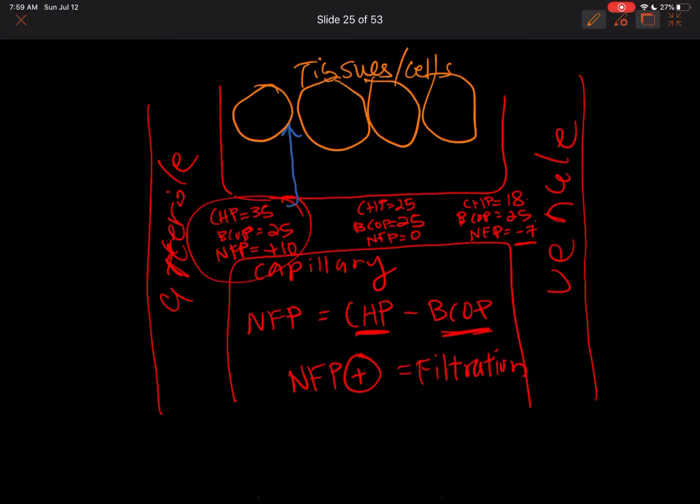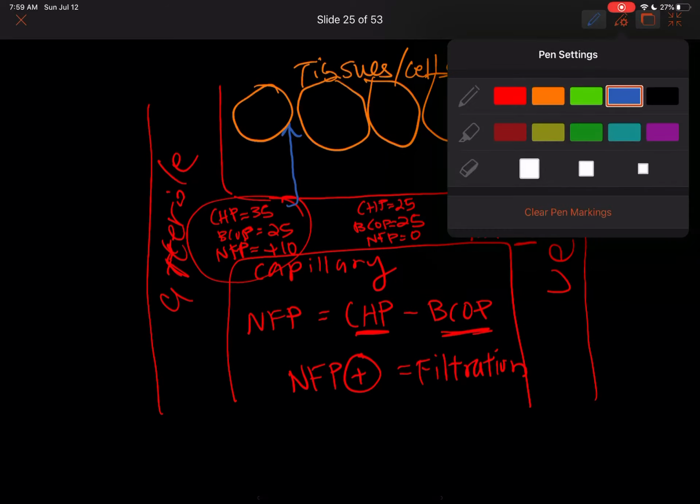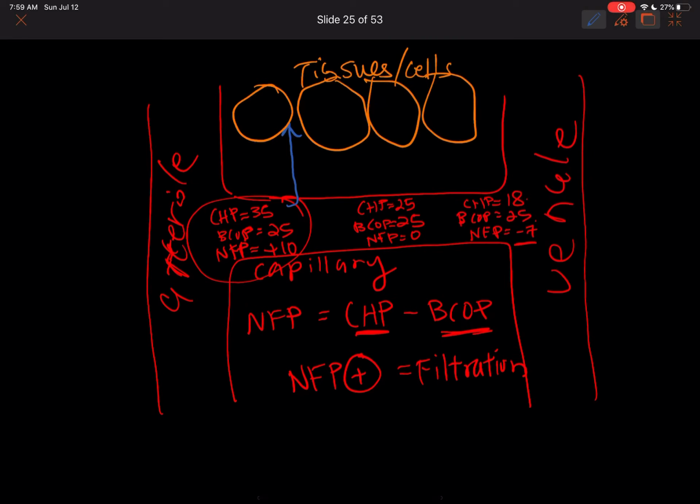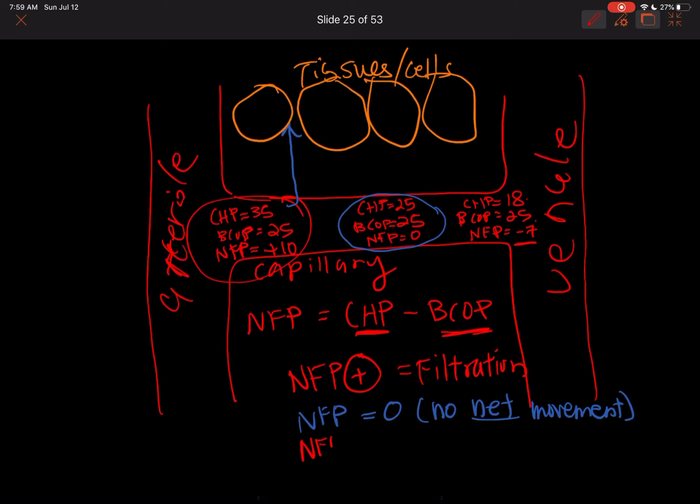And then somewhere in the middle NFP is completely 0. When NFP is 0, there's no net movement of fluid at all. When NFP is a negative value, then you have reabsorption of fluid, which happens at this end.